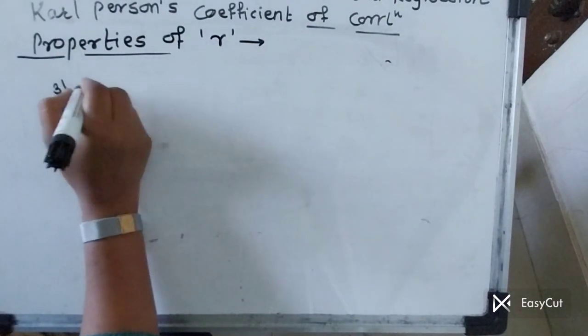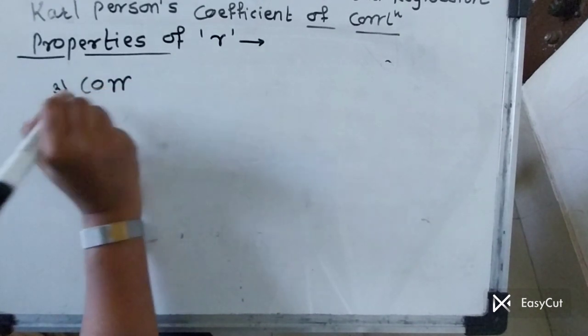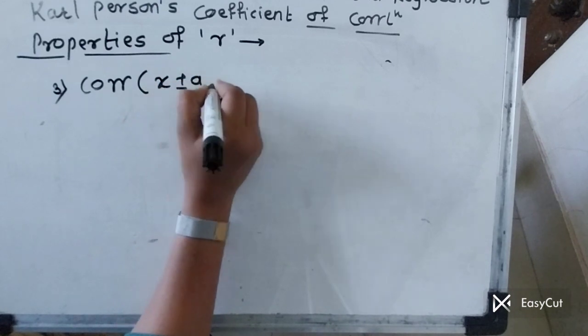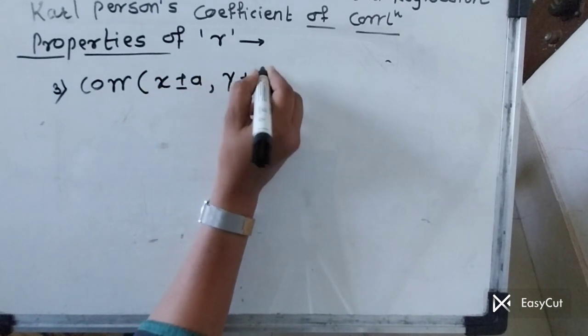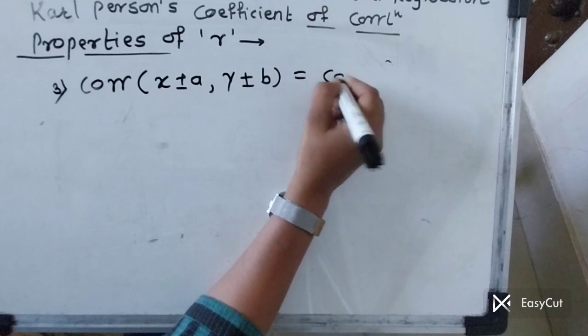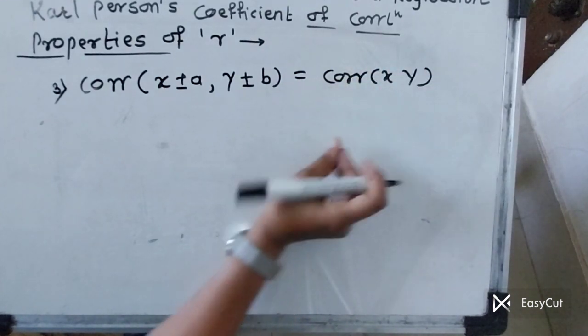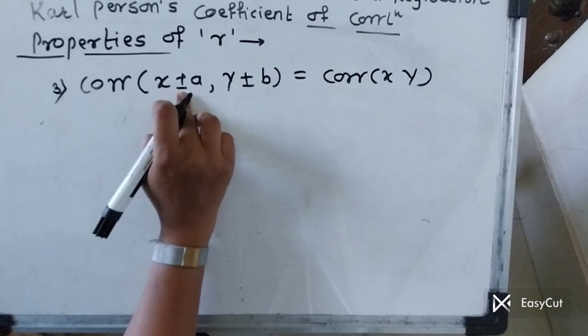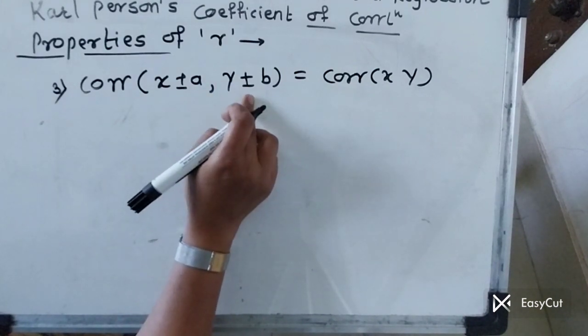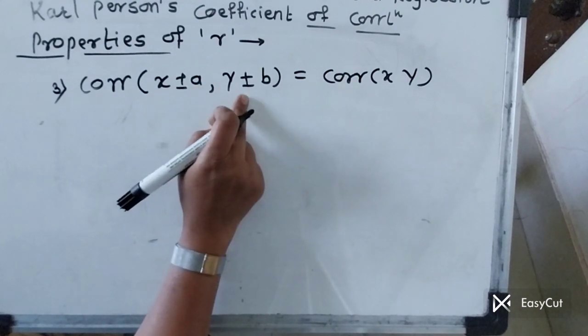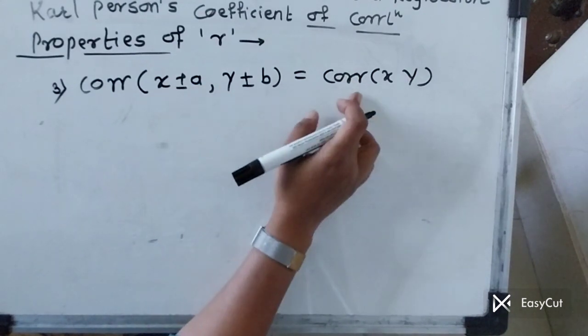Third property: if the correlation, this symbol is for correlation, of x plus or minus a and y plus or minus b equals correlation between x and y. Means if I increase the value of x, increase the value of y, or decrease x, decrease y, then correlation doesn't change.